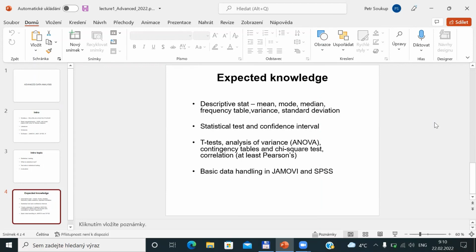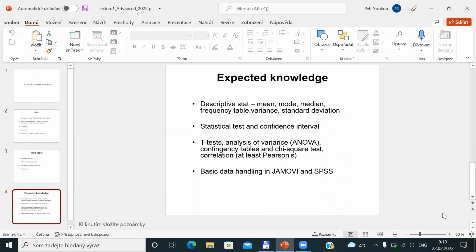And I expect that you also know something about t-test, analysis of variance, contingency table analysis, and correlation. We will switch to correlation in the second part today. So we will briefly recap.